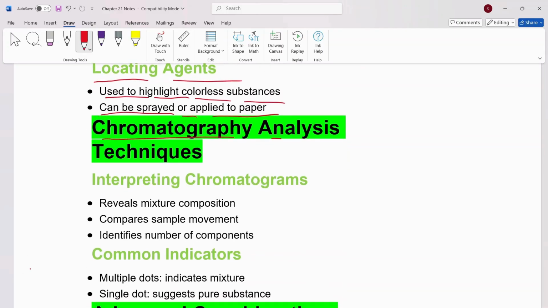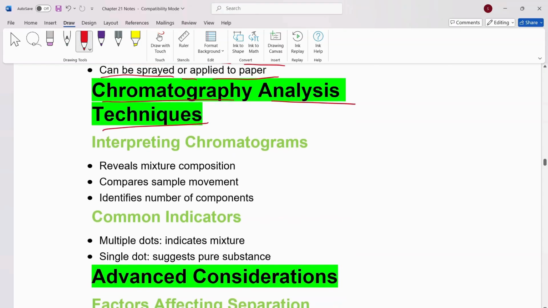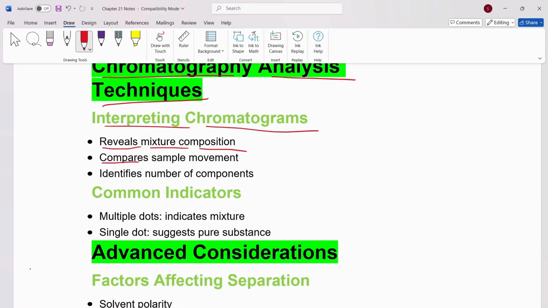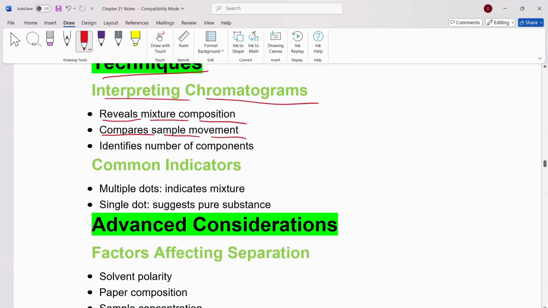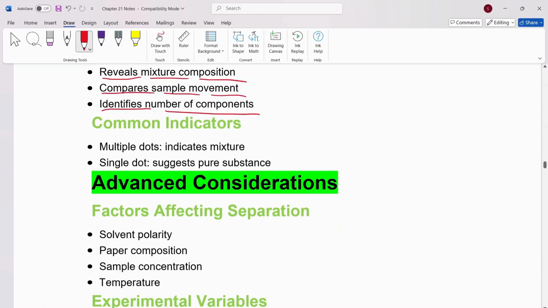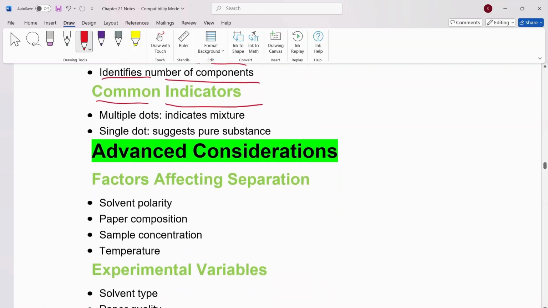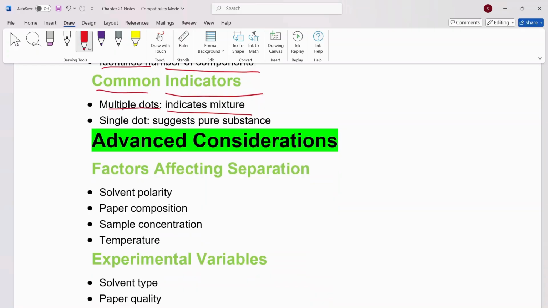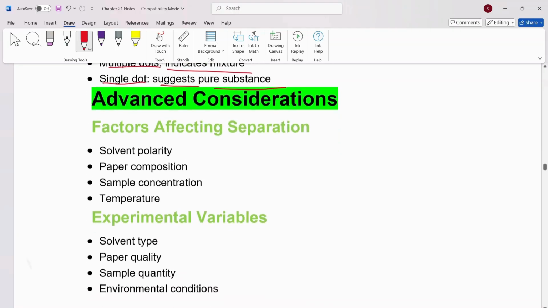Then we have chromatography analysis techniques. Interpreting chromatograms reveals mixture composition, compares sample movement, identifies the number of components. Then we have common indicators. Multiple dots indicate a mixture. A single dot suggests a pure substance.